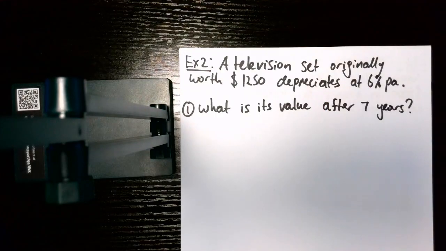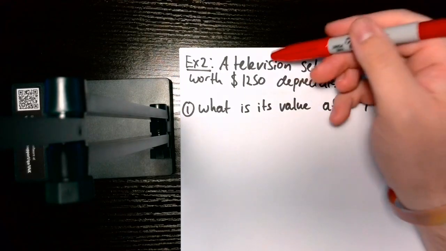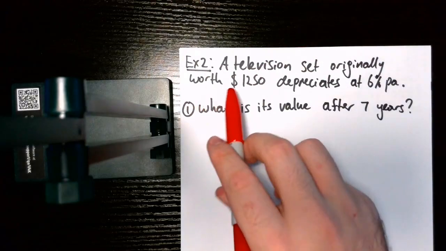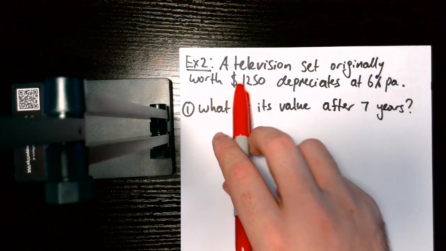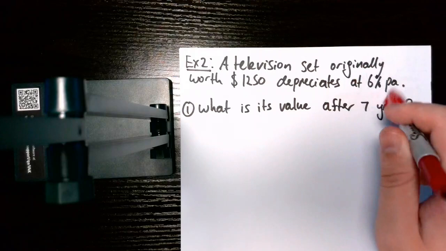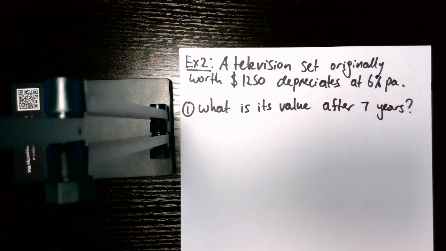So here for our second example, we're talking about a television set that originally was worth $1,250 and it depreciates at 6% per annum. So that means it goes down in value by 6% each year. Now notice that we're talking about technology. Technology tends to become outdated relatively fast, and that is why if you were to buy a computer 5 years ago, it would definitely be worth much less today.